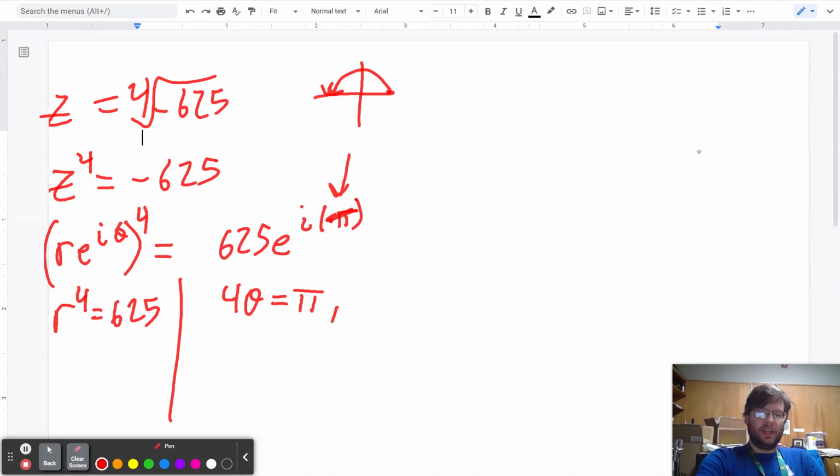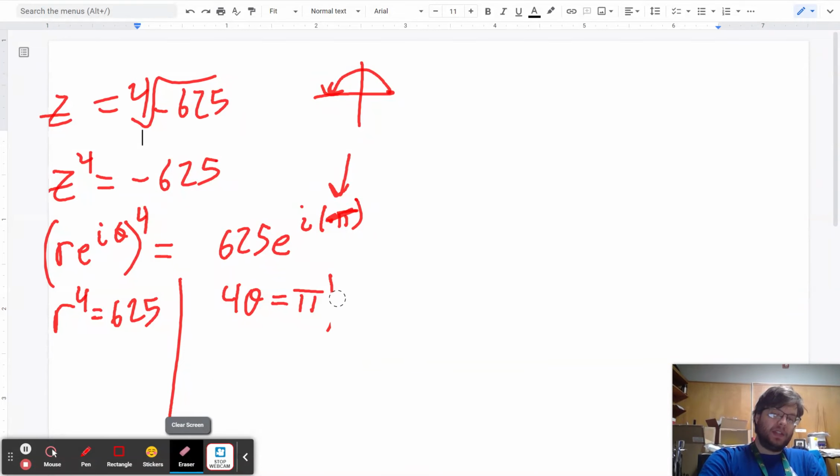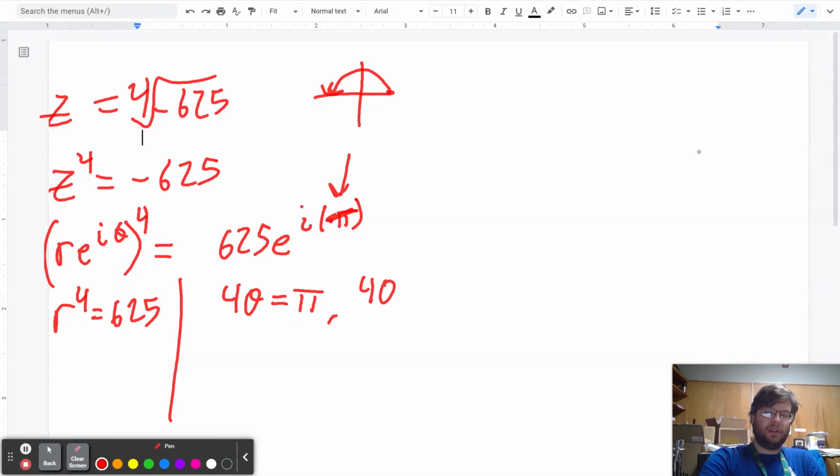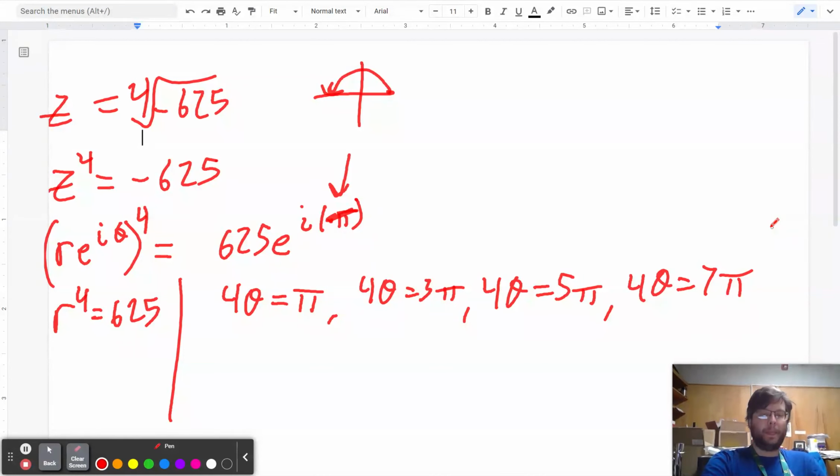I can get the same answer if I just land at the same angle. So 4 theta could also equal 3 pi, 5 pi, or 7 pi. I'm going to stop there because I only need 4 answers.